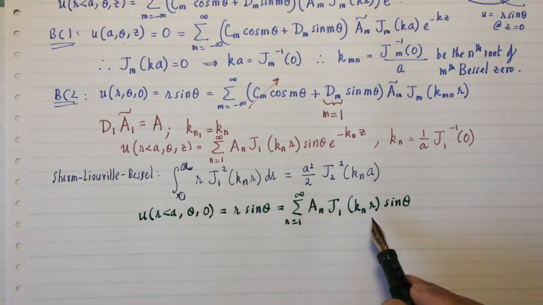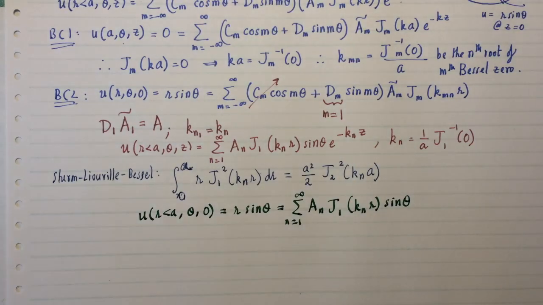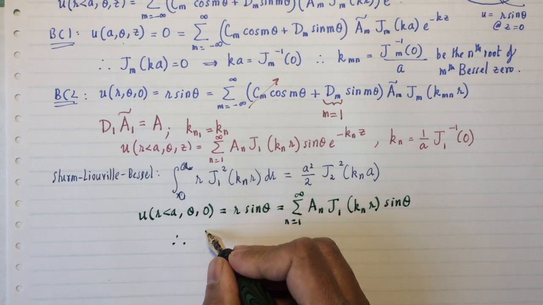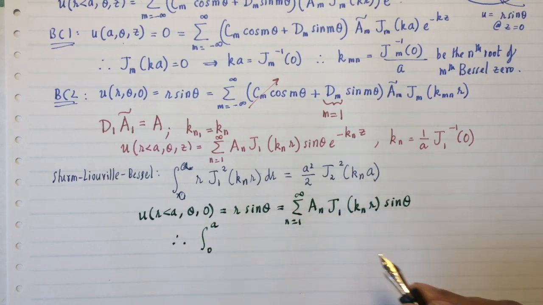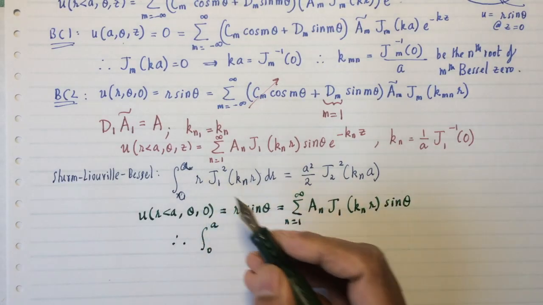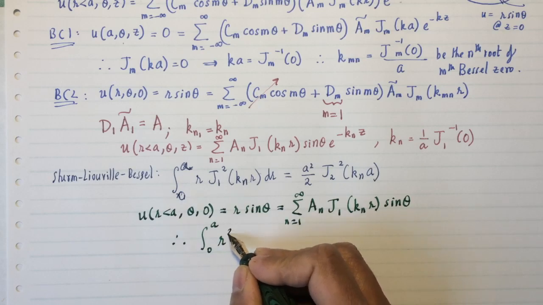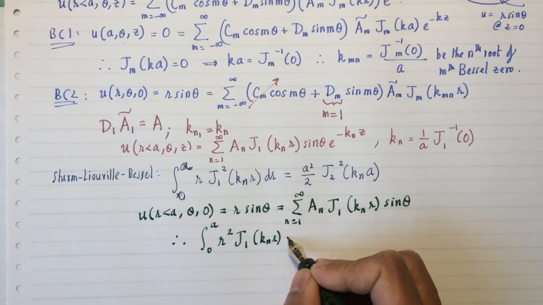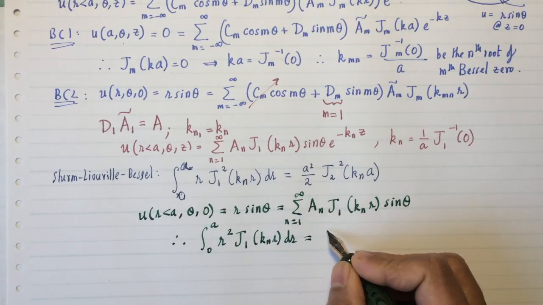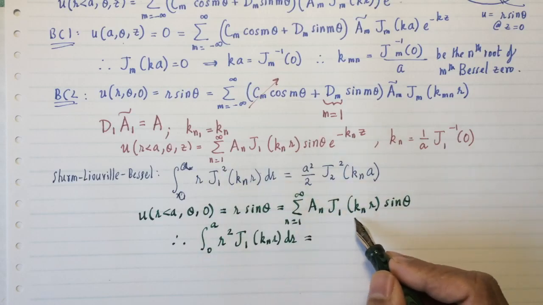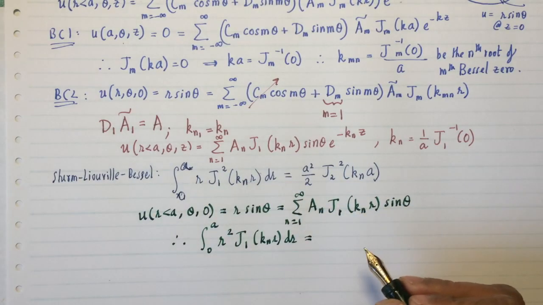So what I'll do is I'll multiply both sides by J1. So doing that, I'll get the integral from 0 to a. Actually, I'll multiply both sides by r also, because this requires an r. So r squared J1 of k_n r dr, that's the left hand side, and that's equal to the sum from n equals 1 to infinity, but only the J1 term contributes, so that's still a J1.